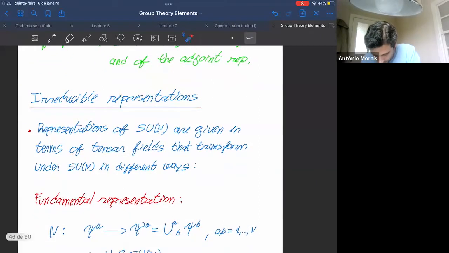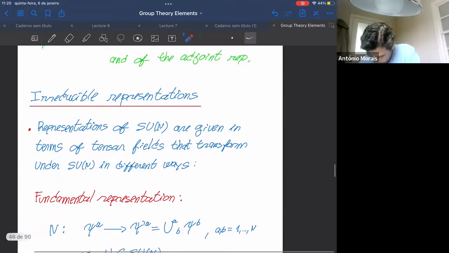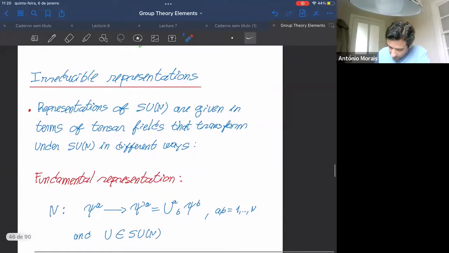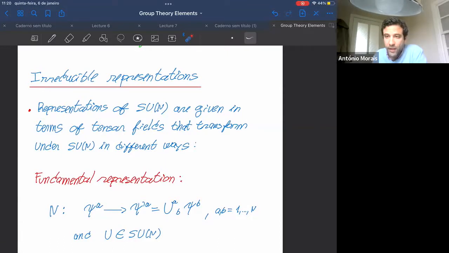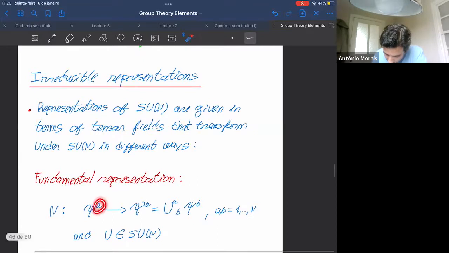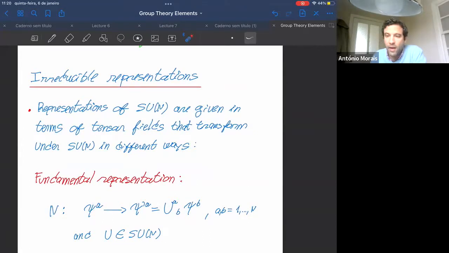So the fundamental representation, which we typically represent by n and has dimension n, is given in terms of this. We define the fundamental representation in terms of a psi with an A on top. And the transformation properties, this is the invariance.